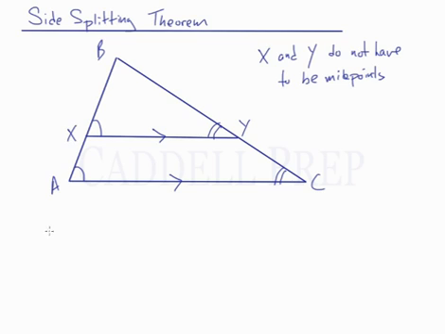So when I set up a proportion, I'm just going to write down big triangle over small triangle. So in other words, if I compare a line segment in one triangle, I'm going to compare it to the same line segment in the smaller one if I'm doing the bigger one. So for example, in the big triangle, we have line segment AB. That's the side of the big triangle.